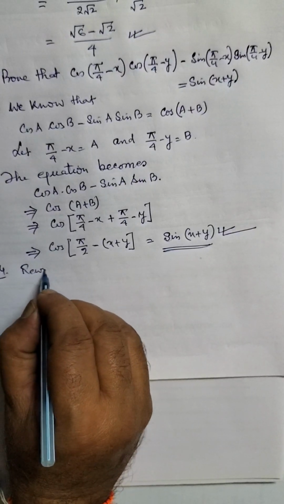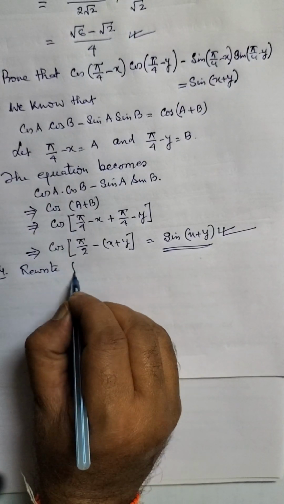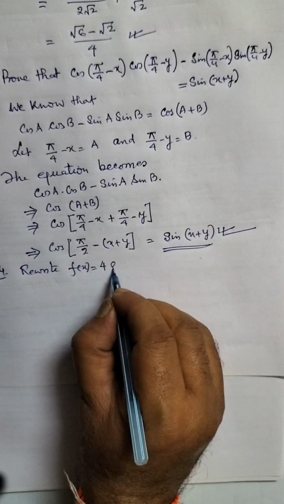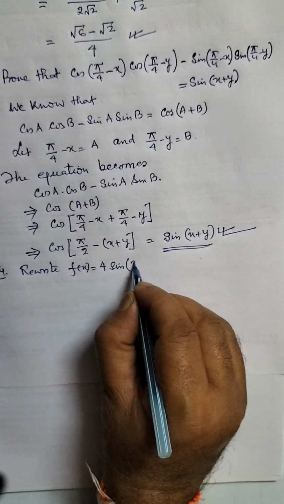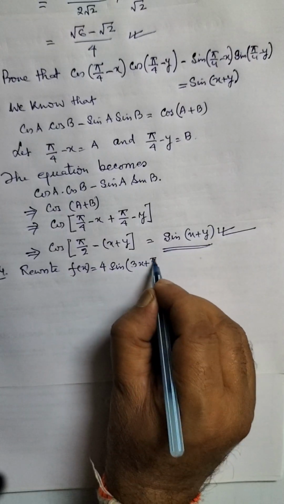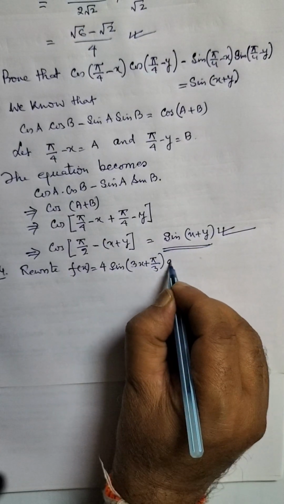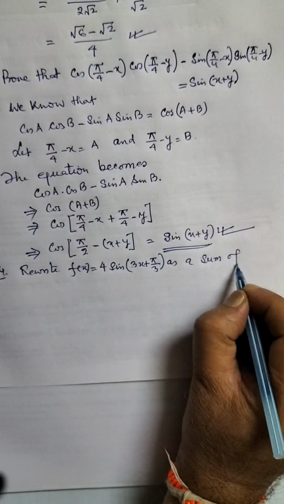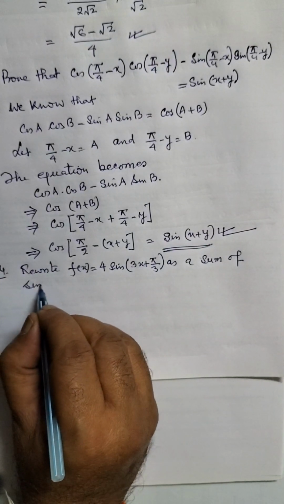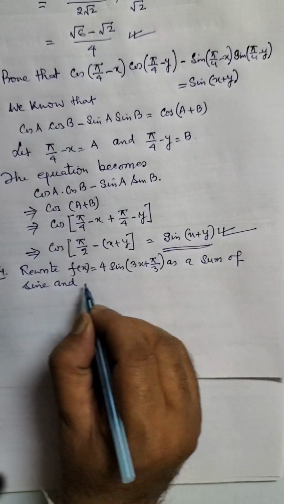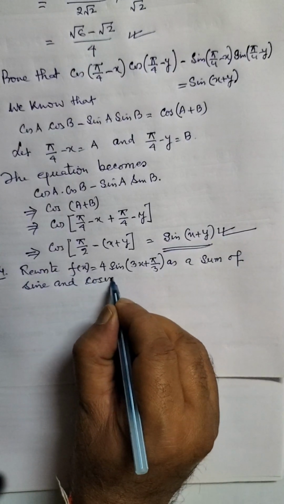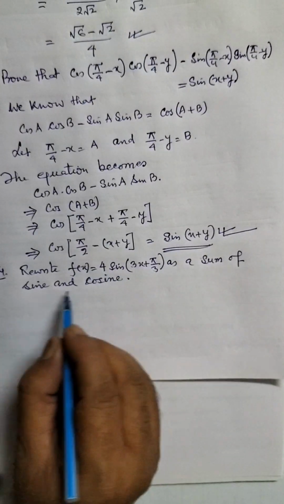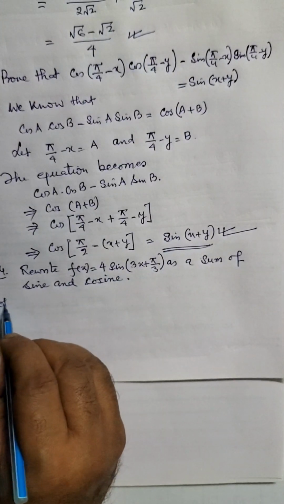Rewrite f of x equals to 4 times sine of 3x plus pi by 3 as a sum of sine and cosine. Means we have to express this as sum of sine and cosine. Let's see the solution.